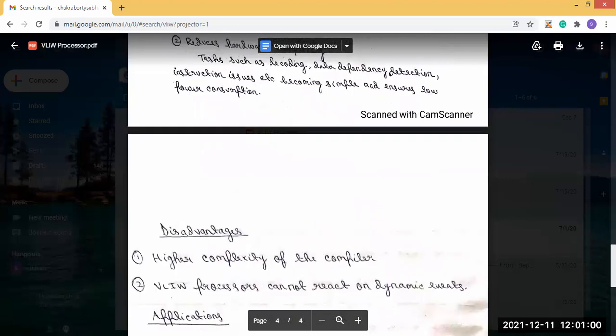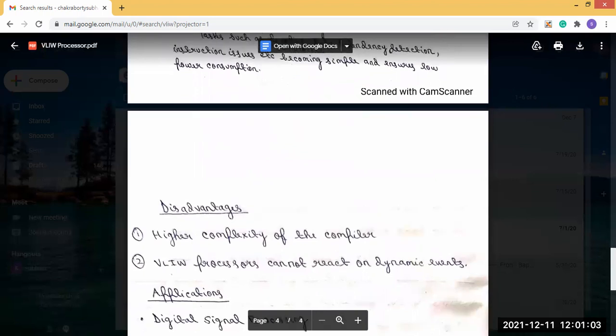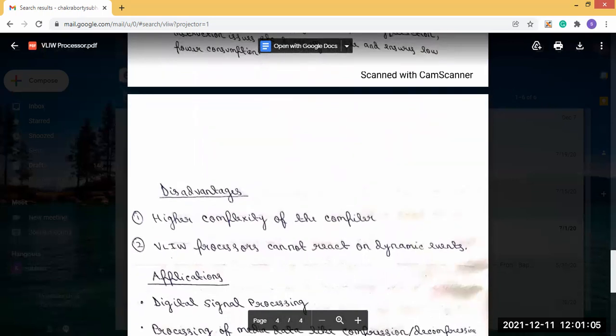But everything has a disadvantage also, and that is the higher complexity of the compiler. The compiler must be complex because the VLIW instruction length, as we have seen, is 64 bits to 1024 bits wide. That means the instruction is very large. To compile and execute that instruction, we require a much more complex compiler.